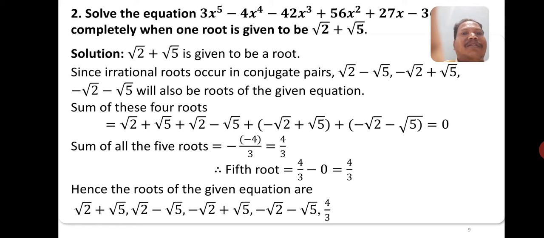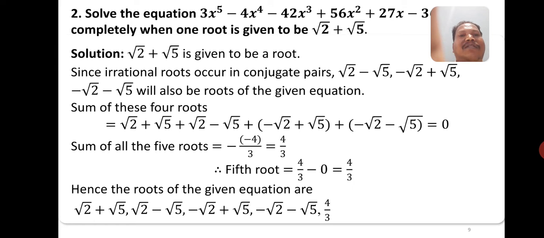Solution: given that root 2 plus root 5 is a root, therefore root 2 minus root 5, minus root 2 plus root 5, minus root 2 minus root 5 will also be roots of the given equation.